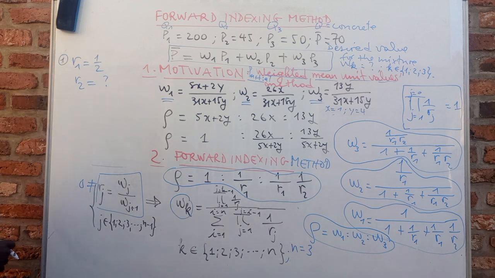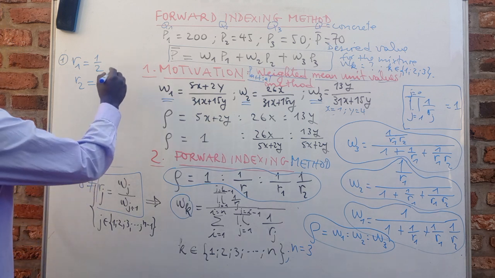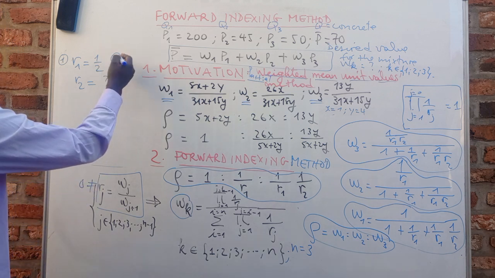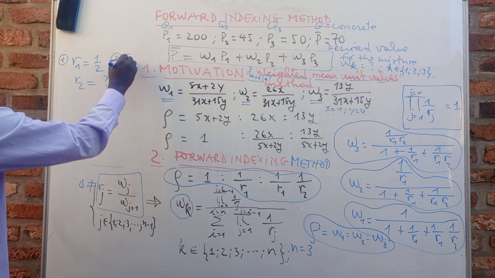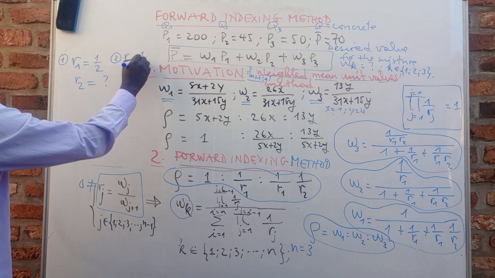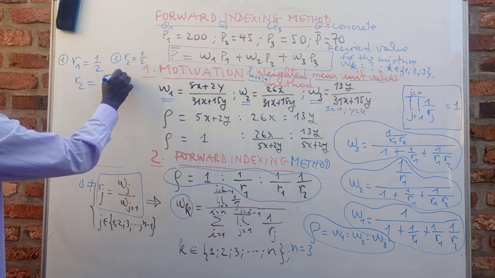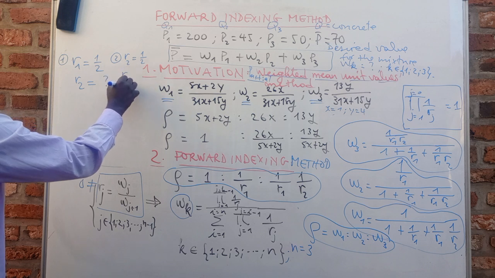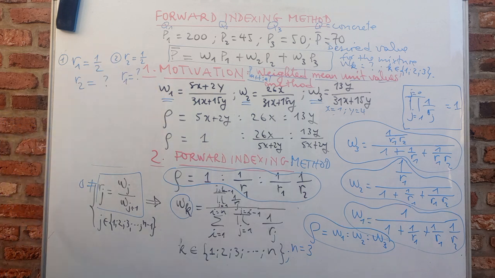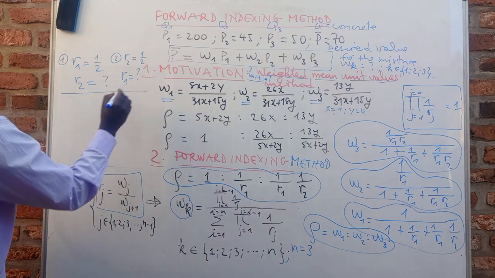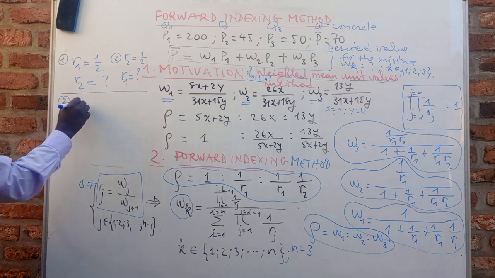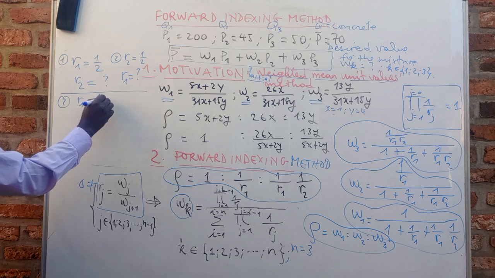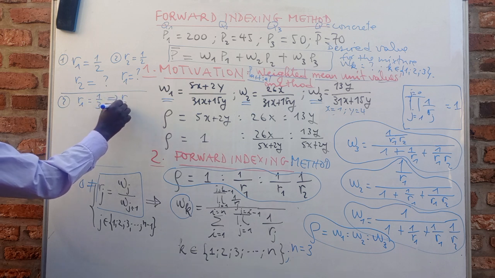So now the second question will be, if we have R sub 2 equal to a half, we are going to find R sub 1 in this case. So let us continue. Third question: if we have R sub 1 equal to 1 over 3, what will be R sub 2?